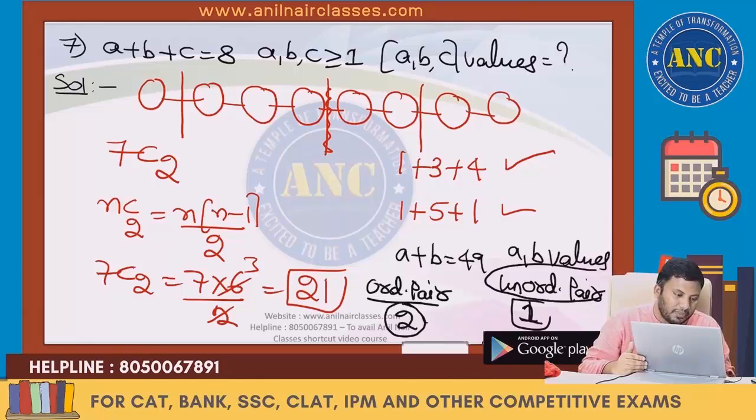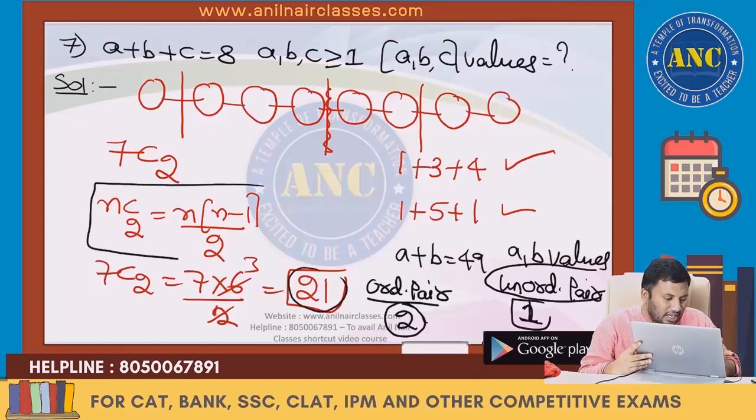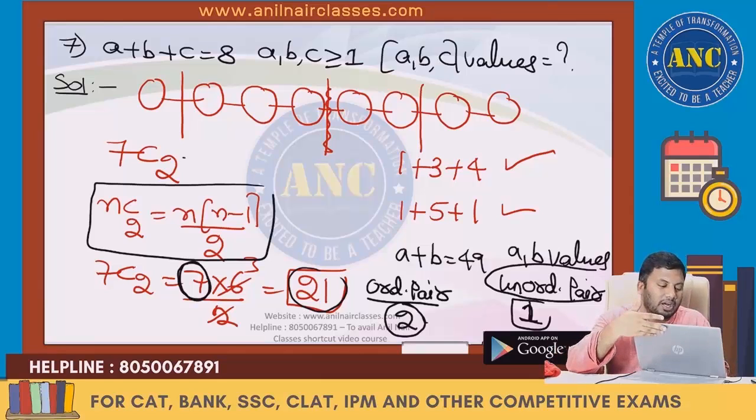Out of 8 balls present on a number line, there are 7 gaps, 7C2. What is more important is not the answer for me. Now see here, NC2 is n into n minus 1 by 2. 7C2 is 7 into 6 by 2. 7 is a prime number. A prime number cannot be decomposed further.